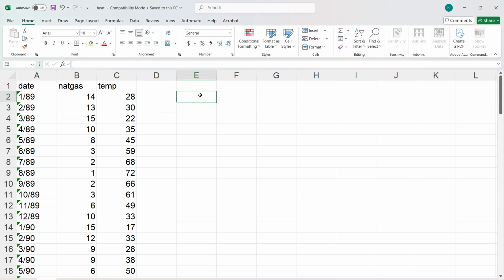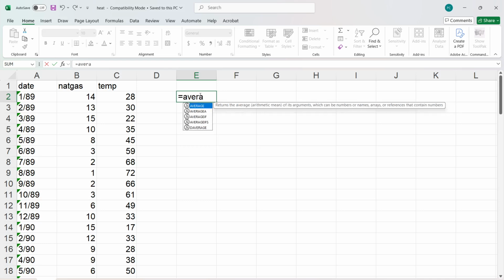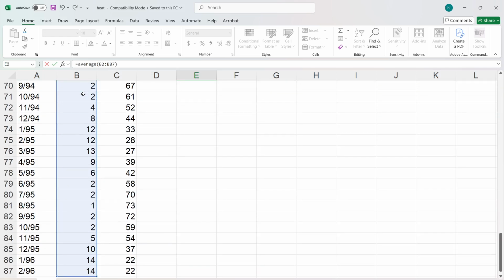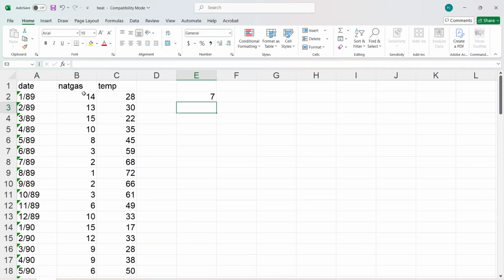So let's say over here equal to average of gas, all the way to the bottom. And 7. Okay, interesting. So date, it's monthly data.